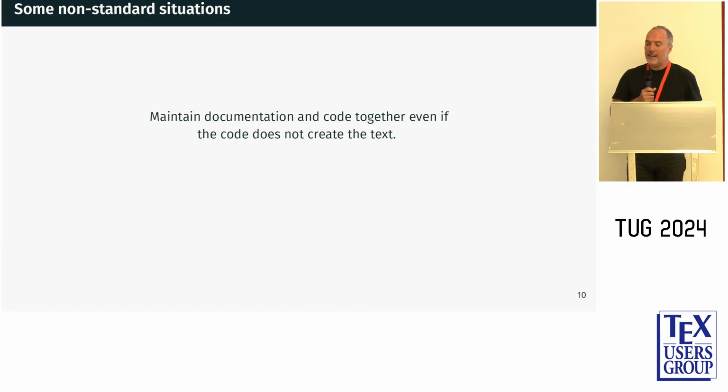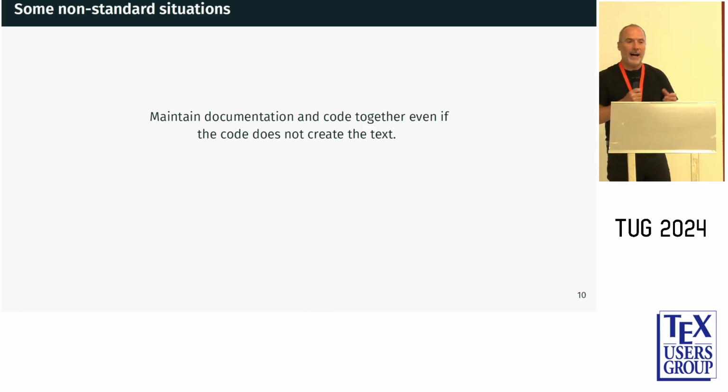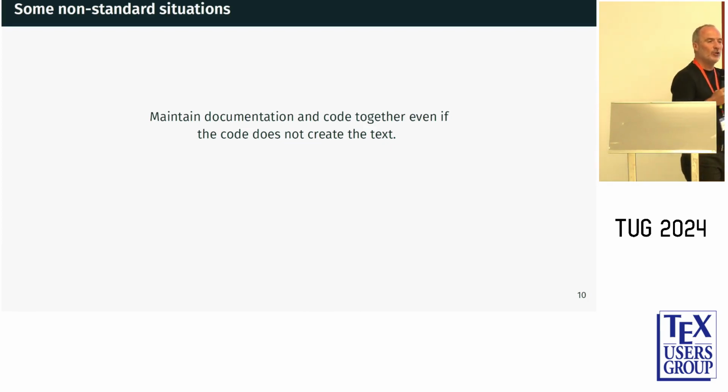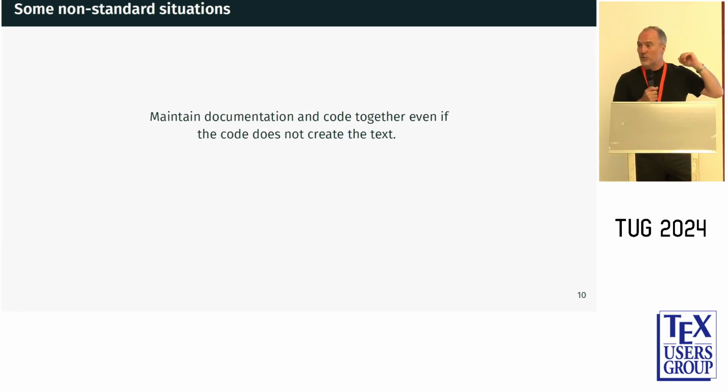So the idea here is that eventually, when I started doing literate programming and using it, I found it very, very useful to use the standard path of basically writing a document in LaTeX.